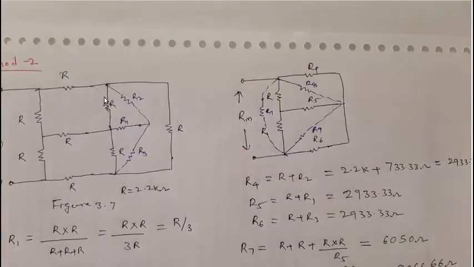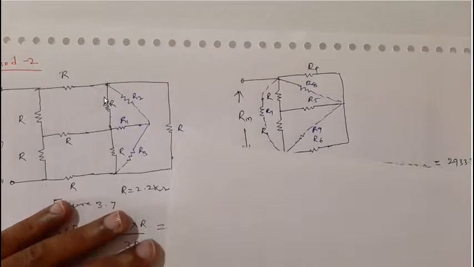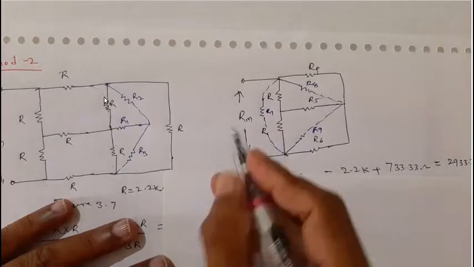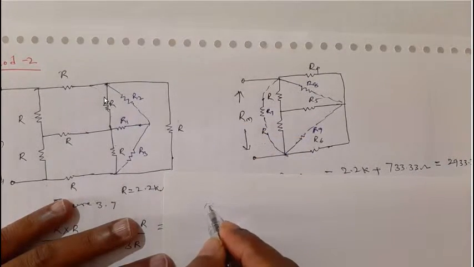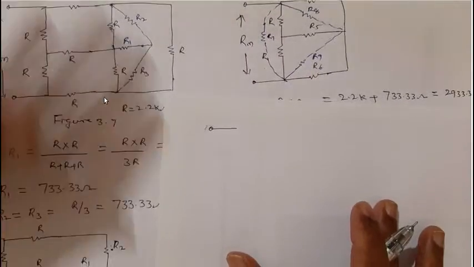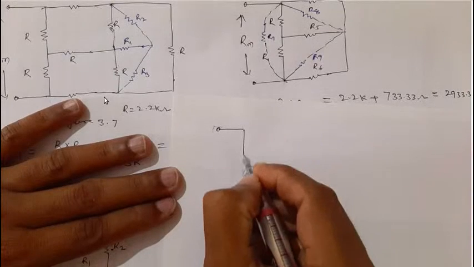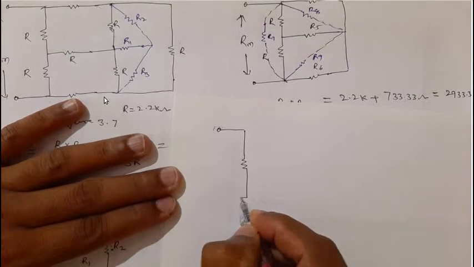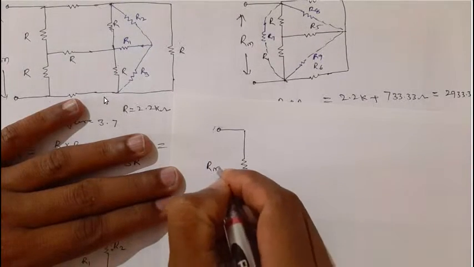I will redraw this network. Between these two you have only one resistor, whose name is R7. Here R in should be calculated.